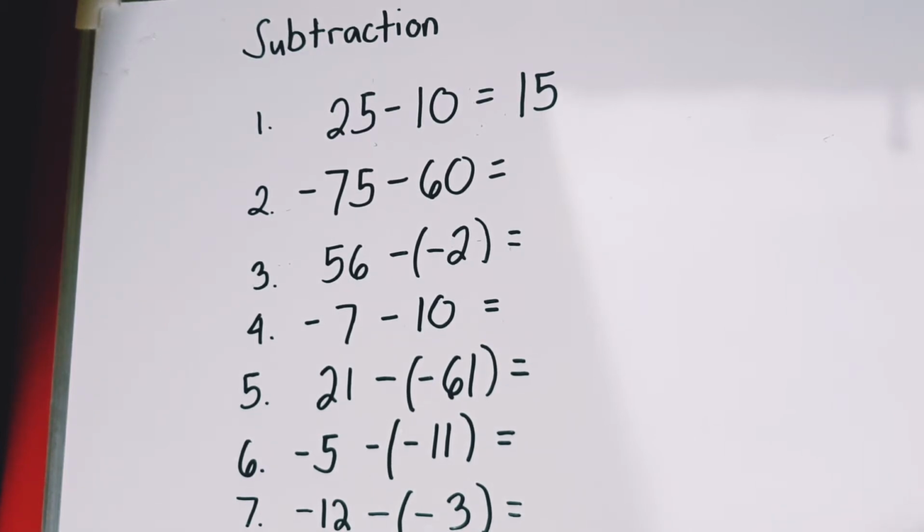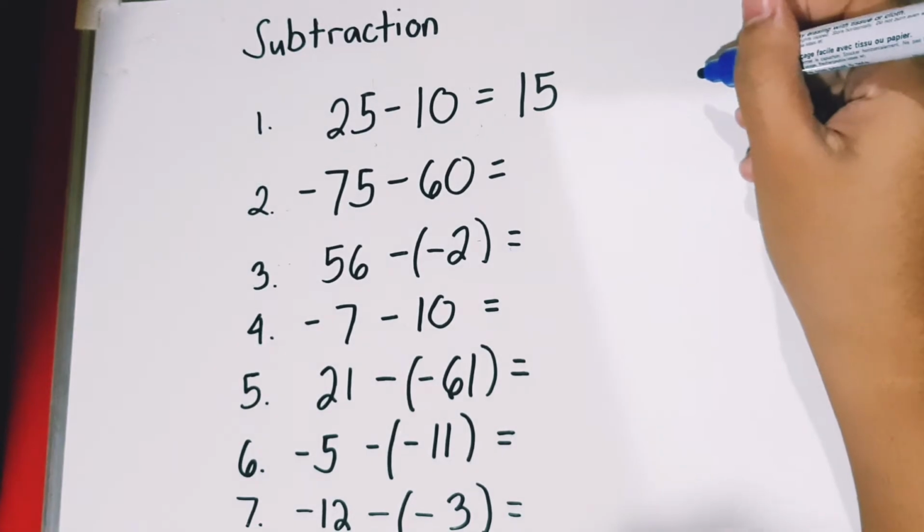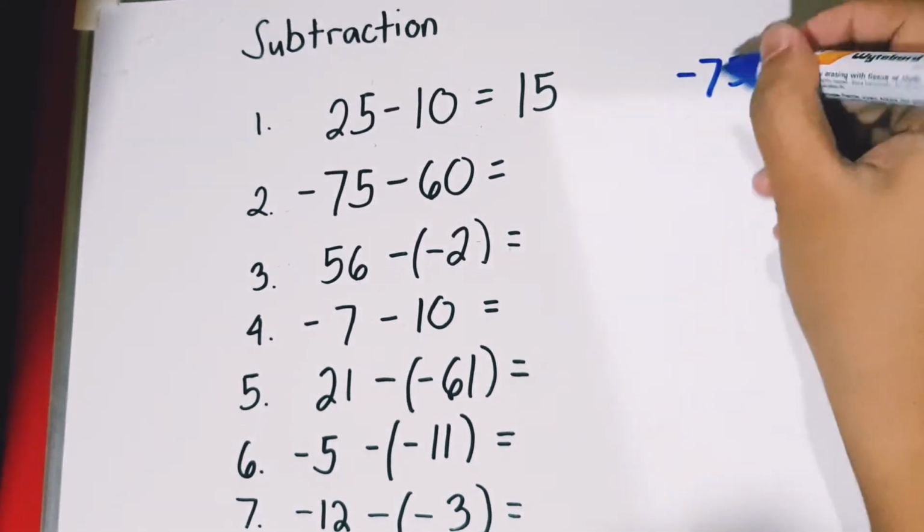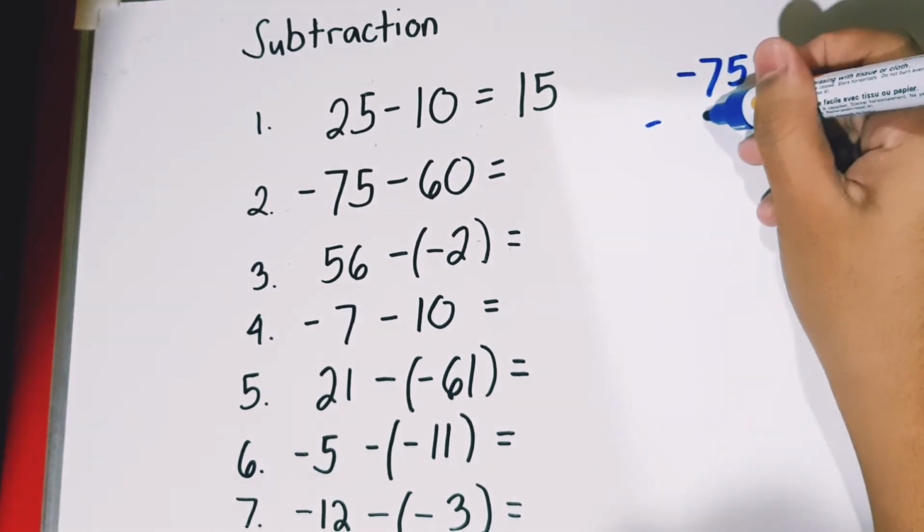When I subtract integers, I'll make them easy, or I'll have a shortcut. In this shortcut, I have negative 75, then minus 60.